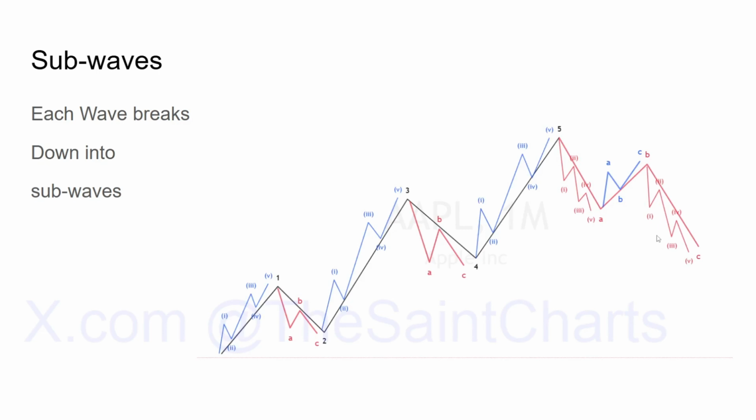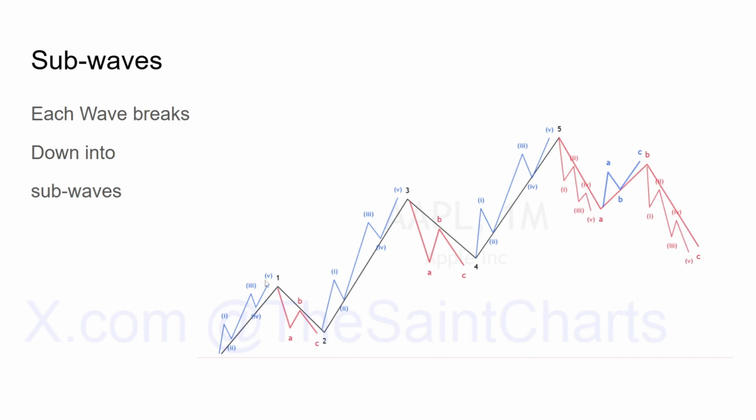Now, each wave divides into subwaves. Each wave breaks down into subwaves, so wave 1 would break down into a 5-wave structure: a 1, 2, 3, 4, 5, and that would be a wave 1. Wave 2 would be a 1, 2, 3 to the downside, so a 3-wave structure.